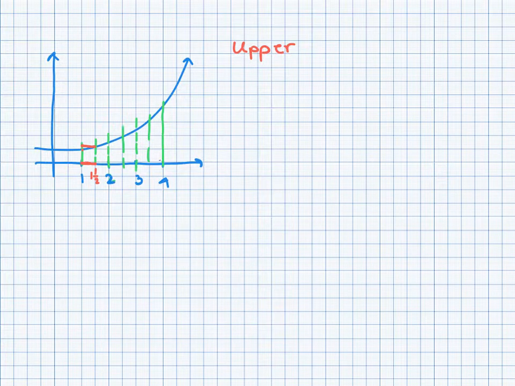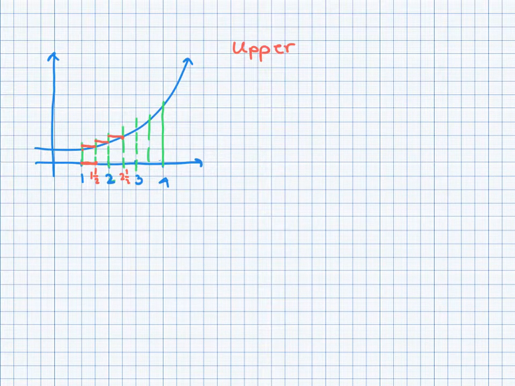Then we go between 1.5 and 2, and look at which one is higher, this one here, so we create another one. Same goes between 2 and 2.5, comparing which value of the curve is maximum. It's not at 2, it's at 2.5, and we're going to have this line as well.